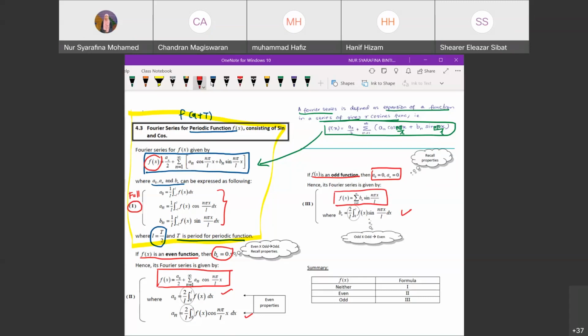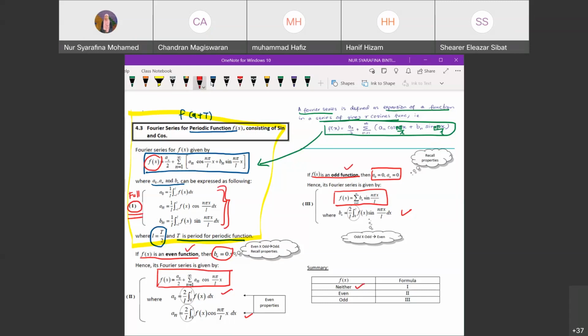And if it is neither, this is even, this is odd. And if the function is neither even nor odd, only then you have to find the full version of a0, an and bn. So the summary here: for f(x) neither, we use formula 1, full.